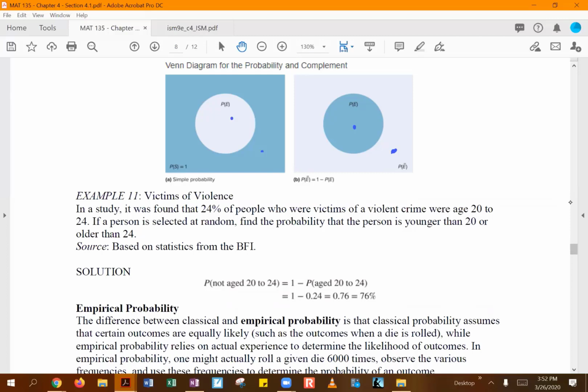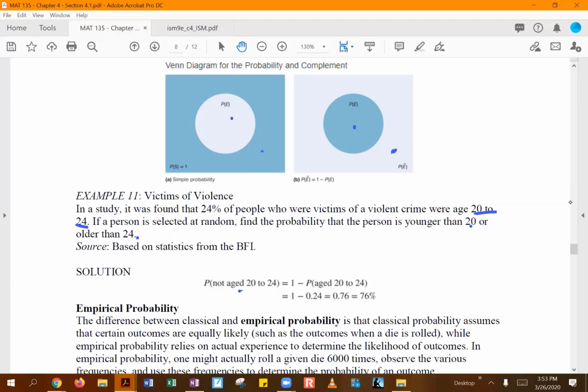If they're talking about a person being younger than 20 or older than 24, they're basically saying the person does not fall in the age group of 20 to 24, right? So what is the probability that the person is not aged between 20 and 24? You're going to do 1 minus the probability of the people who are aged between 20 and 24.